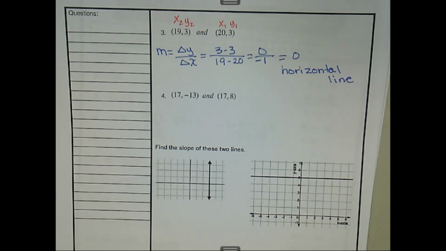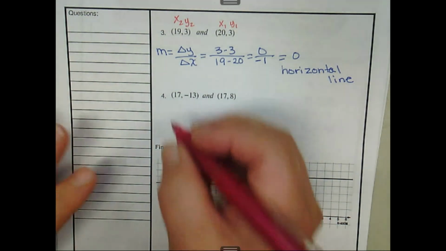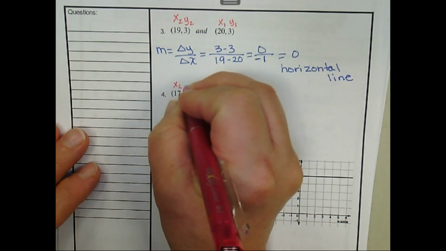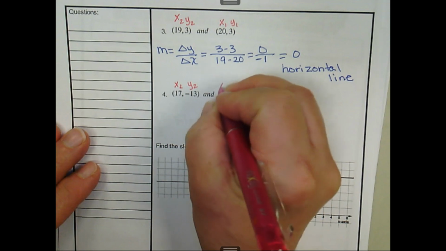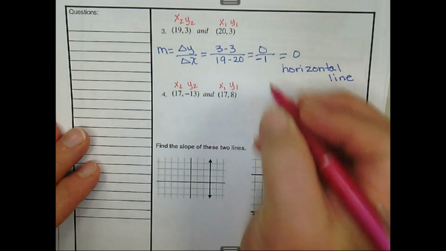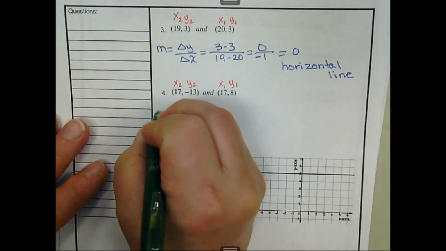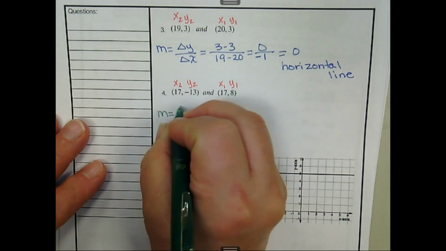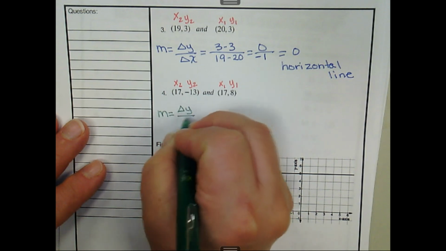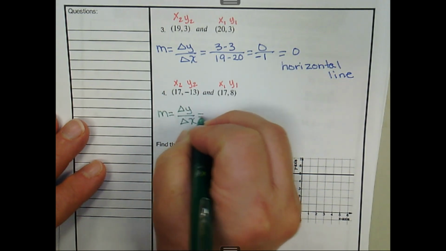Okay, pause the video and see if you can do the next one on your own. Well, I hope you tried. This would be x sub 2, y sub 2, x sub 1, y sub 1. Remember, my slope is the change in y over the change in x.